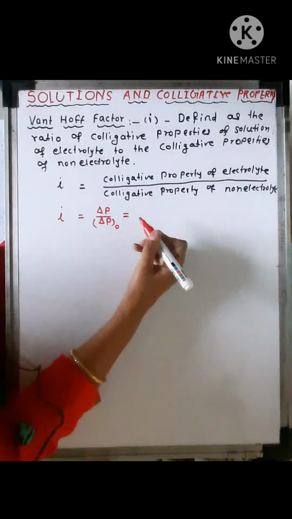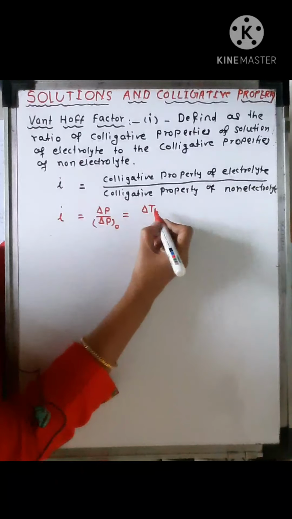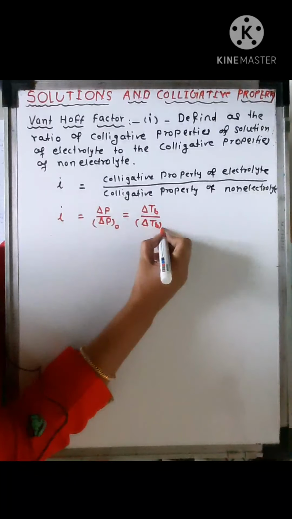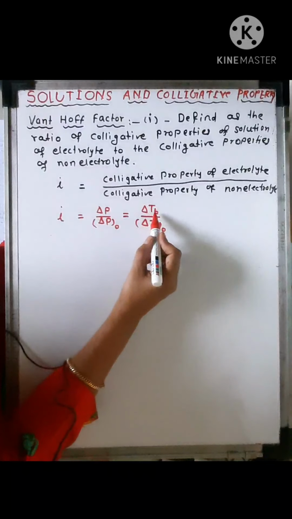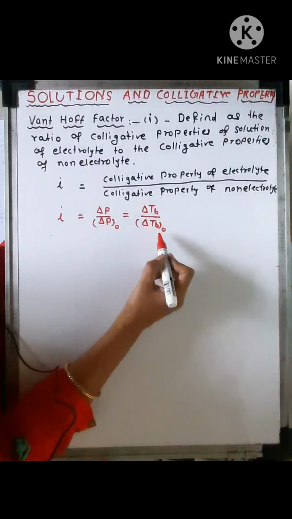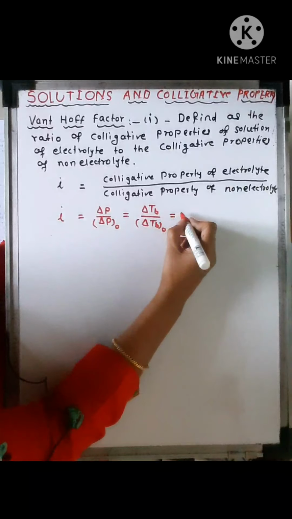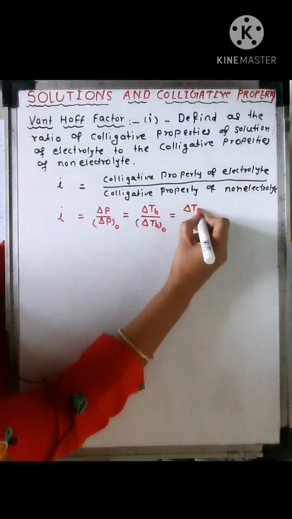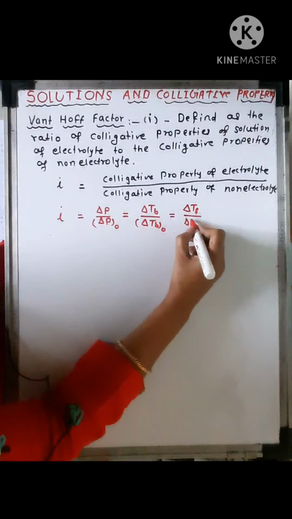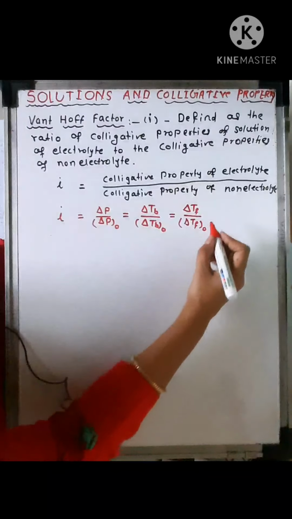It is also equal to delta TB upon delta TB0, the depression in boiling point of electrolyte to that of non-electrolyte, or freezing point, delta TF upon delta TF0. This is the freezing point property.